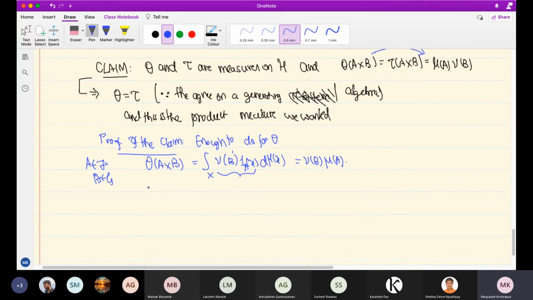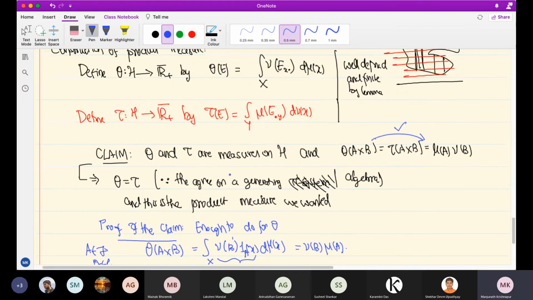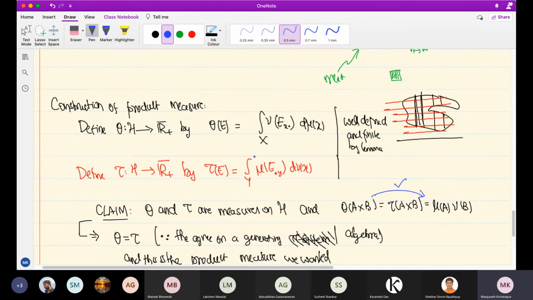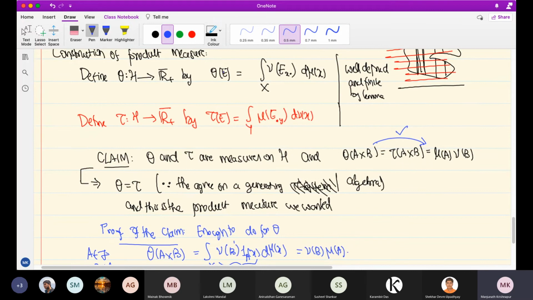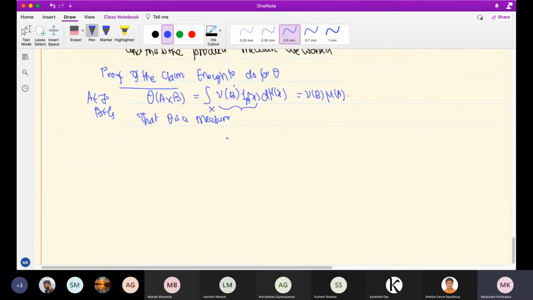Now, why is theta a measure? It's almost like the other theorem we had proved, though not quite the same. There was a theorem we proved that you can integrate a function. Okay, it's not quite that one, so let's just do it properly. All you have to show is countable additivity, right? So let's say E is the disjoint union of the E_n's.